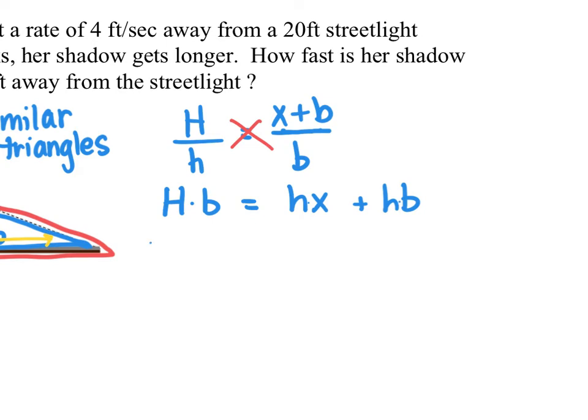So the product rule would say, okay, dH/dt with regular b, leave little b alone, and then H times db/dt. And then the next product rule would be dH/dt times x, and then H times dx/dt.